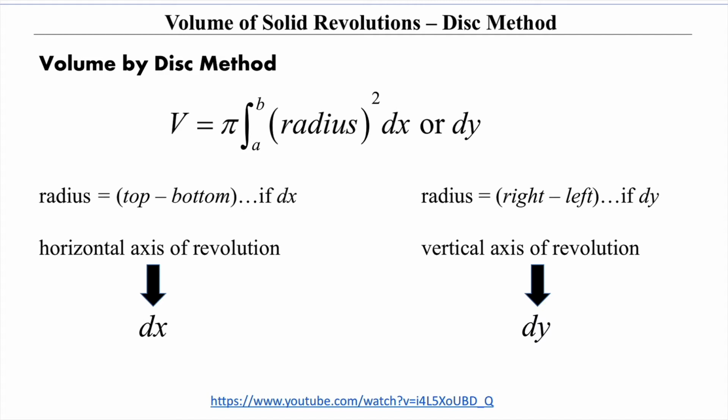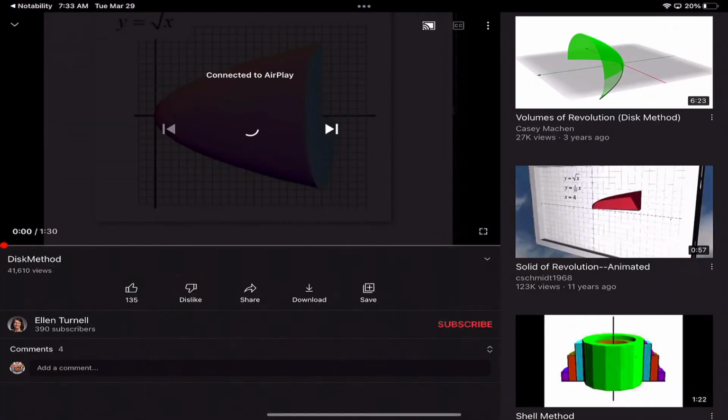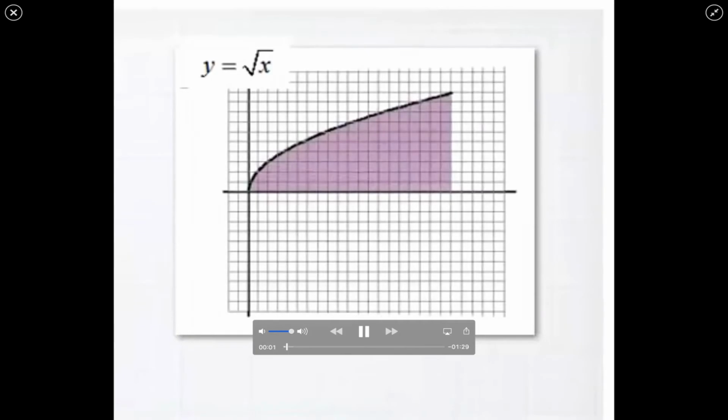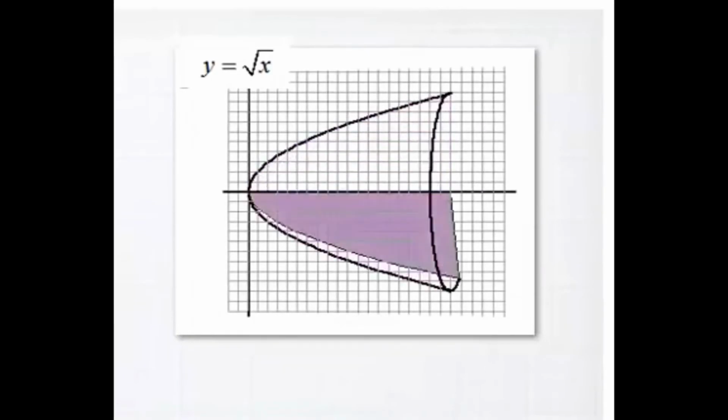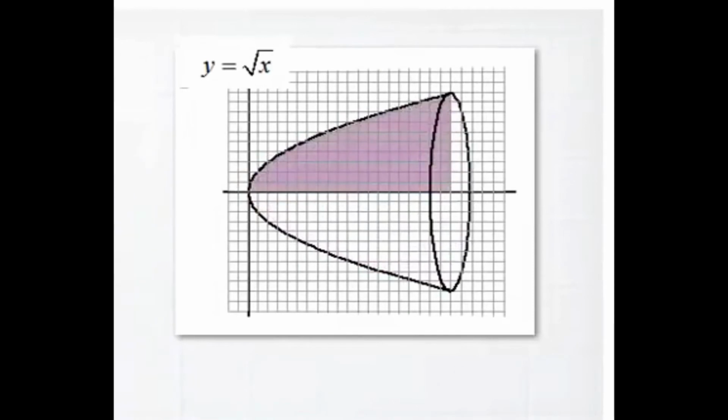The radius. Let me show you the video one more time, or just stop the video on the first one. The radius is going to be the distance from the edge, out here or down here, to the center of the revolution.